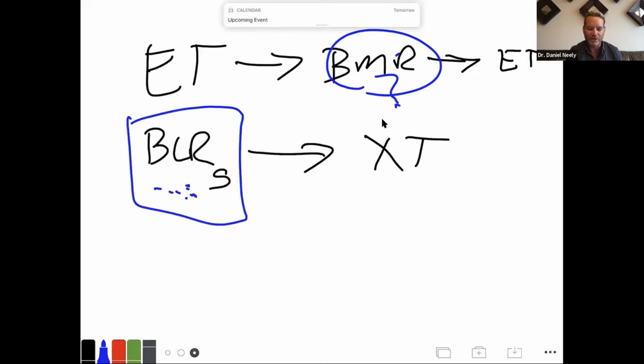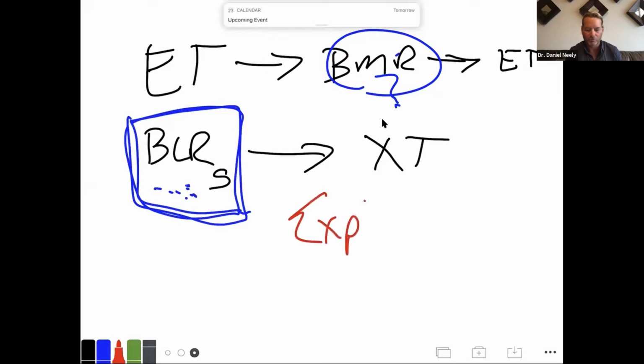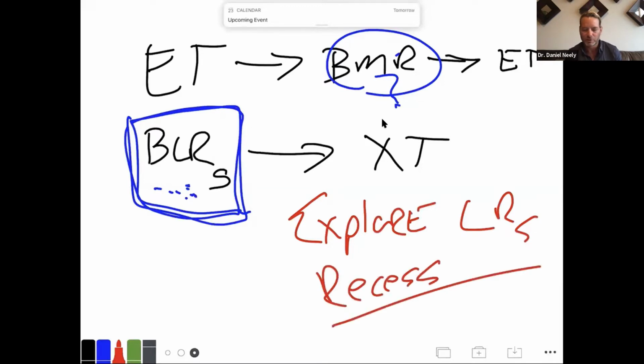Okay, so if they went XT after the resections, this is where I'm going to focus my attention. And I'm going to go back and I'm going to explore the laterals. And I'm going to recess them. All right, so that's how I'm going to deal with the consecutive strabismus in this particular case.